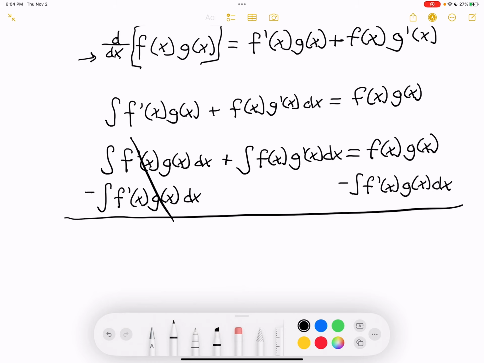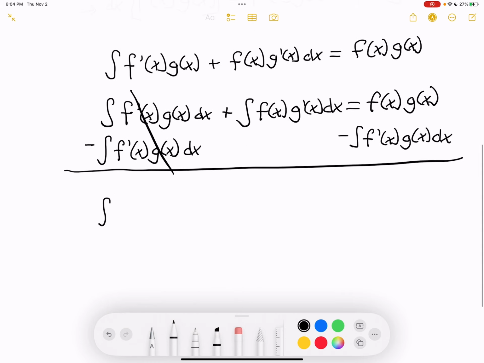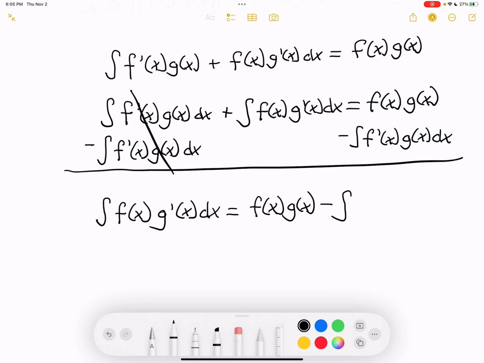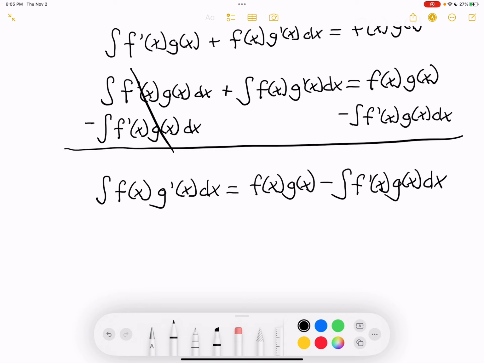These should cancel, and we're left with the following. Okay, and we are done. This is the formula for integration by parts.